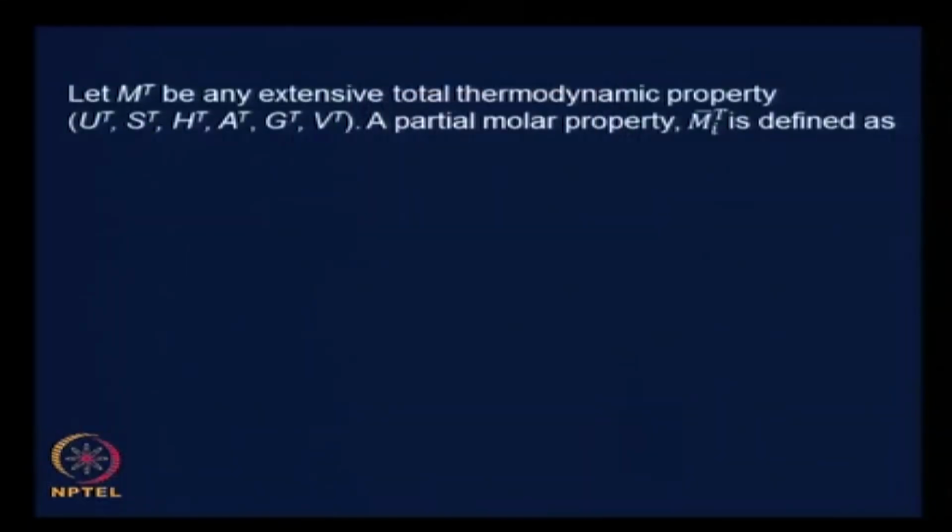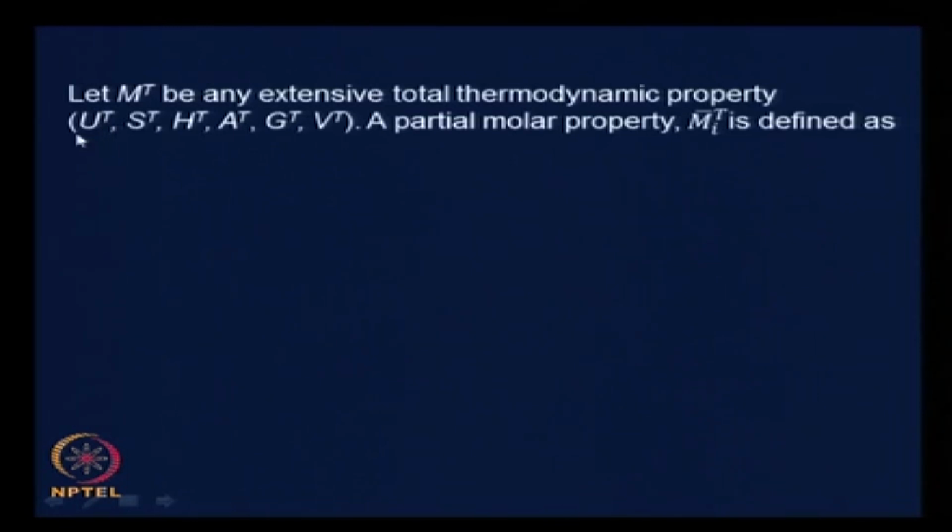Therefore, we use something called partial molar properties. To know what partial molar properties are, let us take M superscript t, Mt, to be any extensive total thermodynamic property. We have seen this already.